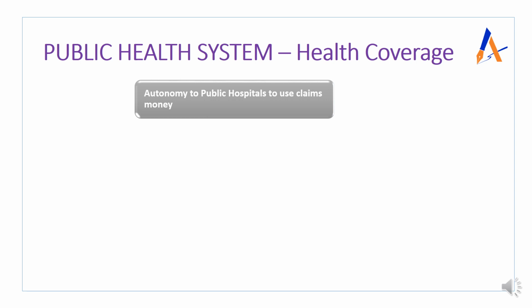If we give some autonomy to public hospitals to use claim money generated under schemes like Pradhan Mantri JAY, to improve facilities, purchase the necessary drugs and tests, and to provide performance based incentives to staff, then it will be beneficial. They will have at least some motivation, since they have autonomy to use the money.